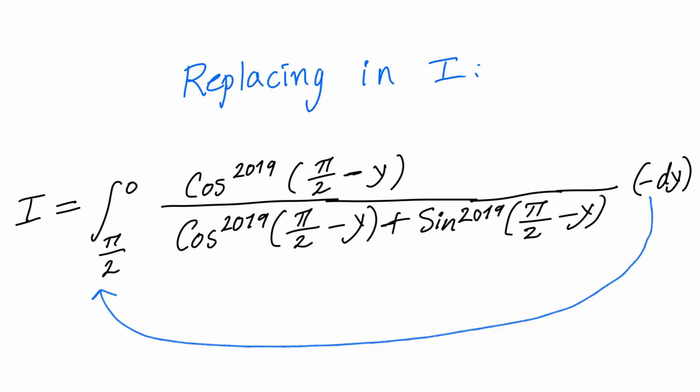And instead of x, we will write pi divided by 2 minus y in all the terms. And this expression will be very helpful from now. Also, I have shown a relationship between the minus sign and the integral. And as we can see in the next part, this minus will switch the order of the integral, and it will be very helpful for our expression.